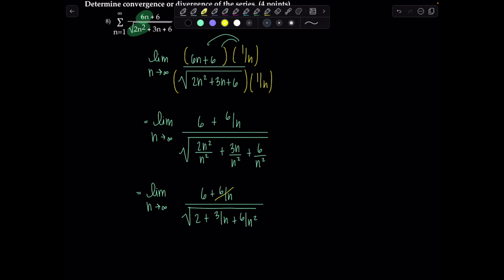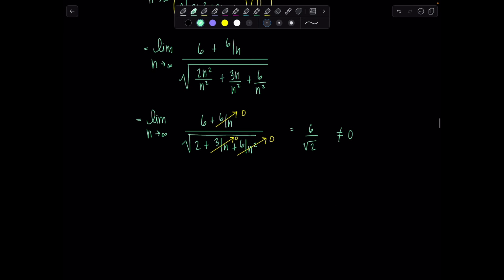And then from here, if n gets large, 6 over n goes to 0, so does 3 over n, so does 6 over n squared. And all I'm left with is 6 over root 2. You can rationalize it if you care. All I care is that it's not 0. So if the terms aren't even approaching 0, there's no way that if I sit there and add them up, this series will converge or approach a finite number.